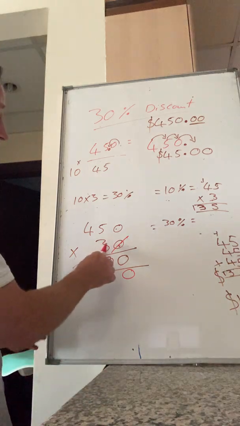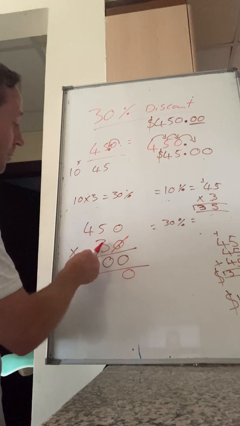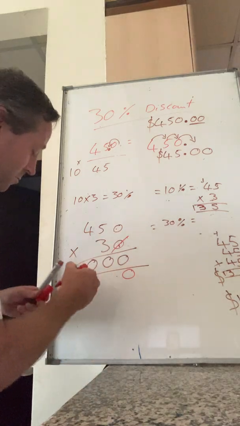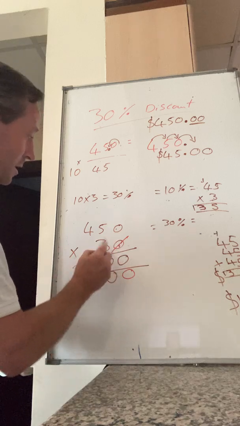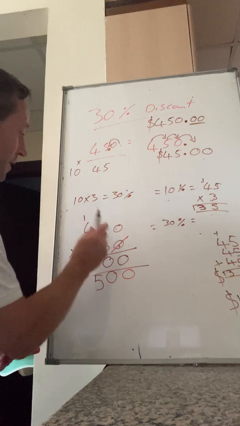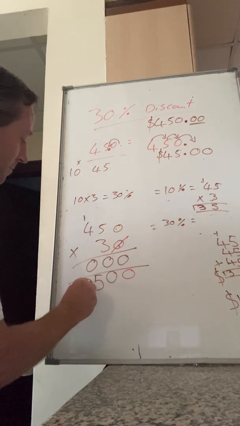Now I'm on to the 3, which is in the tens place. So I'm doing 3 times 0, back to that again, 0. 3 times 5 is 15. Carry the 1 over. 3 times 4 is 12, plus 1 is 13.